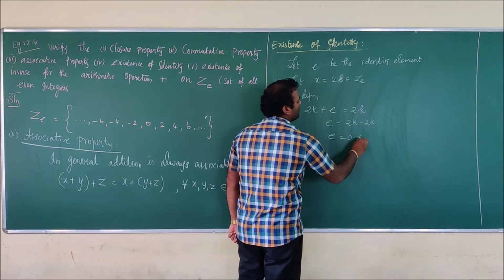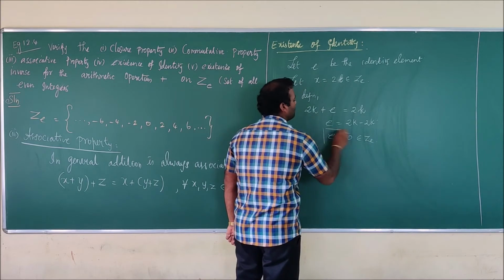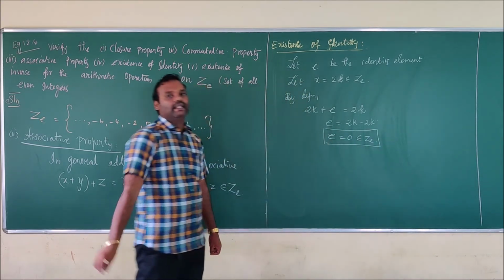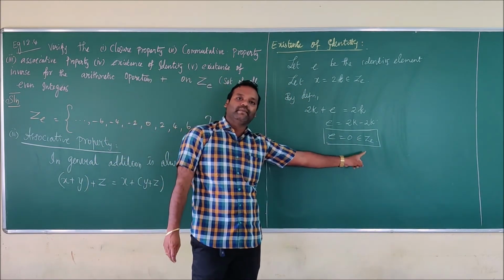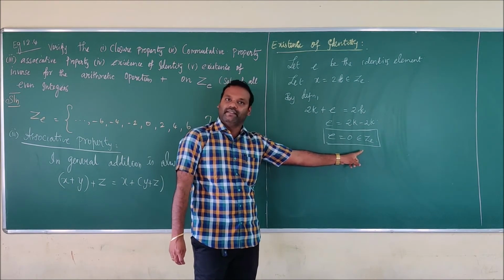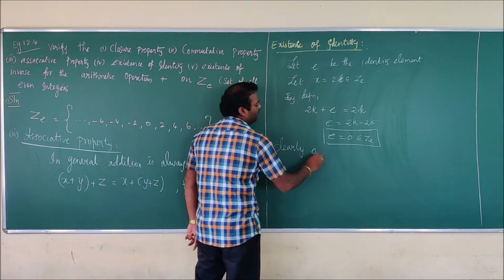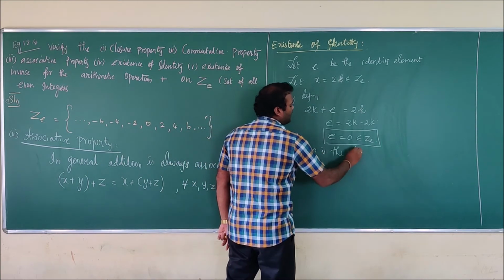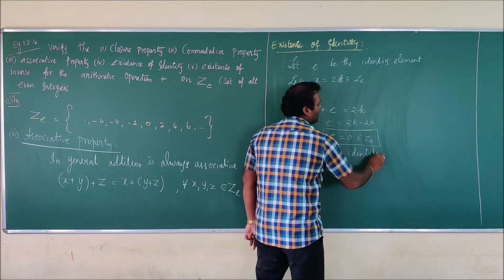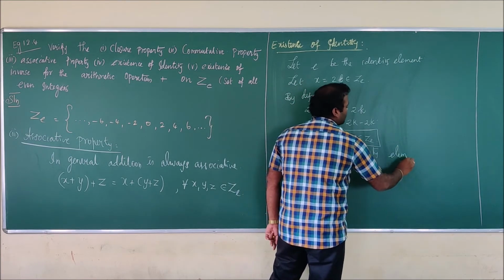So E equals 0, which belongs to the set of all even integers. So clearly I can say that 0 is the identity element.